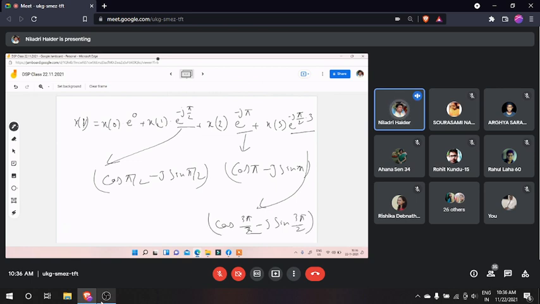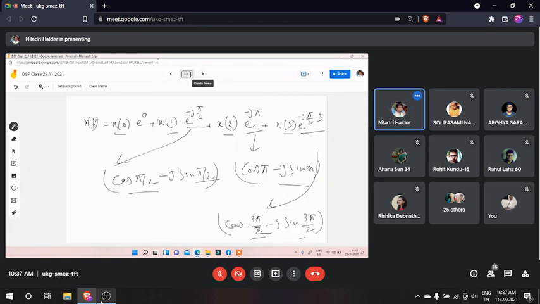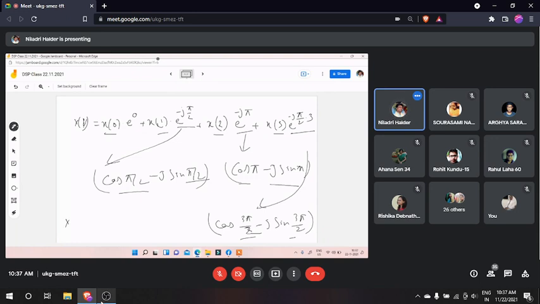If we replace all those values, you will get some values related to j or real, whatever. Replace the x0, x1, x2, x3 values from the input, then you will get a result. Capital X1 is 1 minus 2j minus 1 plus 2j, and overall you will get 0 for X1.